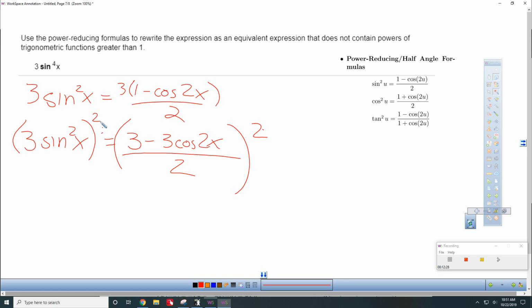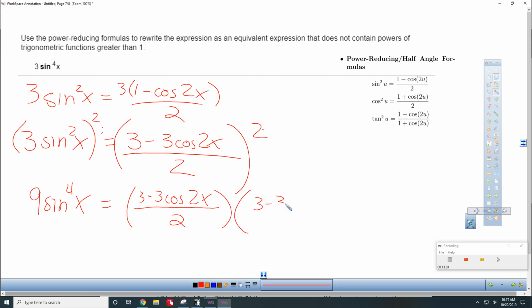That's going to give me 9 times sine to the 4th of x. And that's not what we want. Eventually we're going to divide this whole thing by 3, but we'll get there. So what is that? Well, that's (3 minus 3 cosine of 2x) over 2 times (3 minus 3 cosine of 2x) over 2.